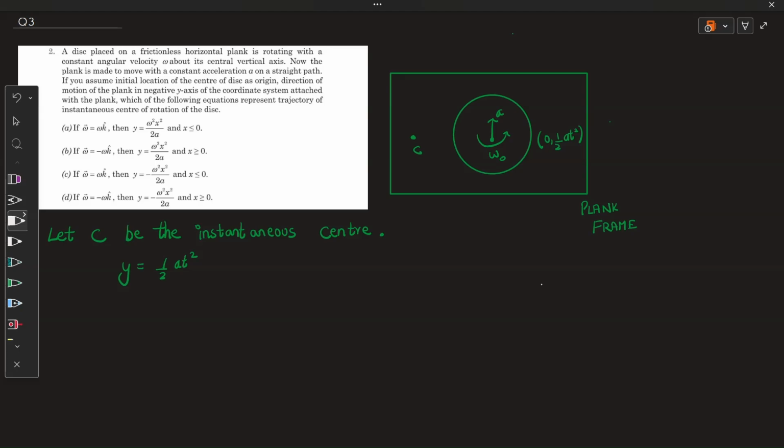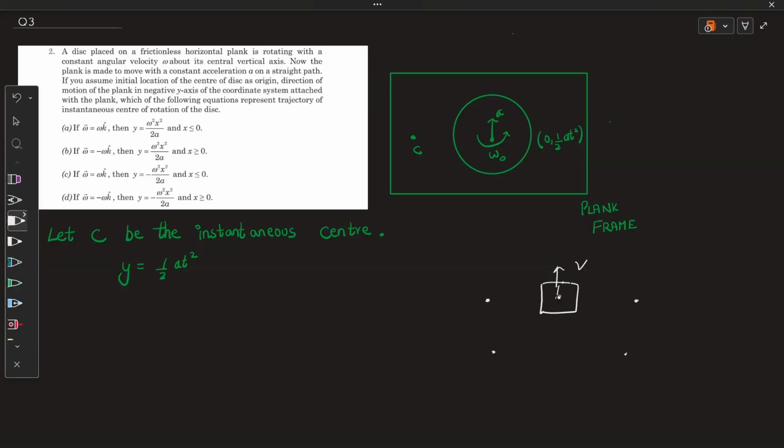for example, there is a square body, and there are a few points. Let's mark these points. This body is going with a velocity v in this direction, or each and every particle in this body is going with velocity v in this direction.